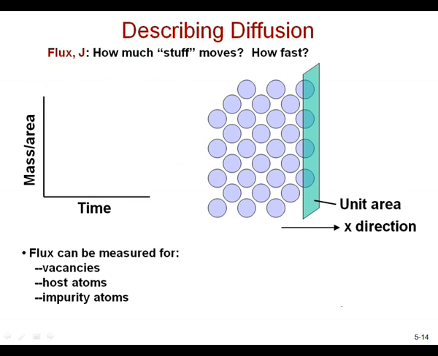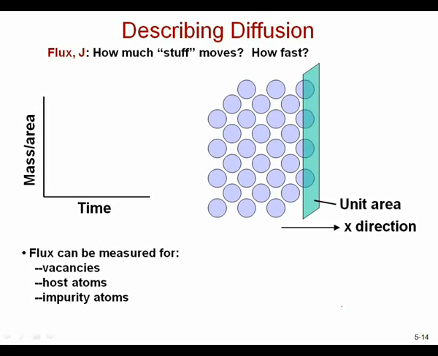Okay. So when we talk about diffusion, we're going to introduce this idea of a flux. A flux is basically how much of something is moving across an area. So if we have a plane of material, how much is moving across that little barrier there?